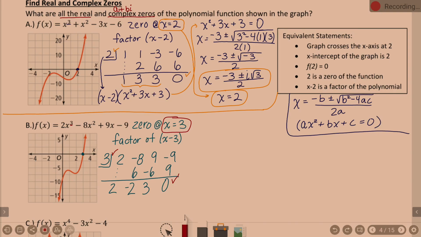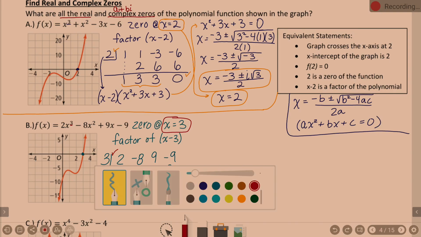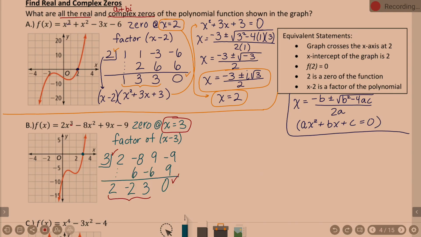So, what does that 2, -2, 3 represent? 2x squared minus 2x plus 3. Okay. That's one of our factors. Officially, our other factor is the 3, which is x minus 3. Not that we really need that right now, but that's kind of where we're at. Okay, what are we going to do?